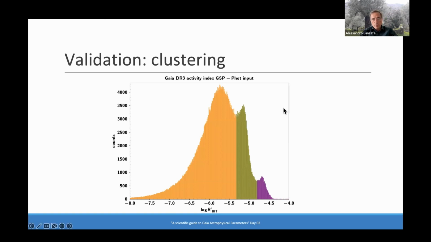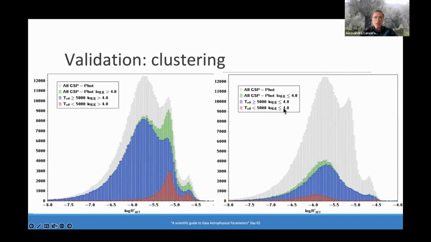But we have the possibility of digging into this distribution, and we see here on the left the result for log G larger than 4, on the right the result for log G less than 4. In gray we have the general distribution, and here we have the more detailed distribution.